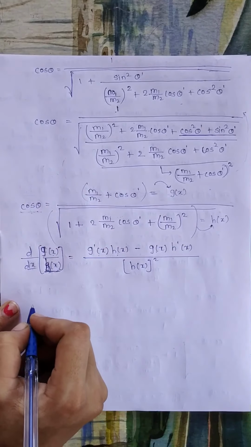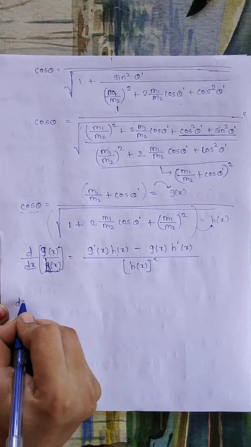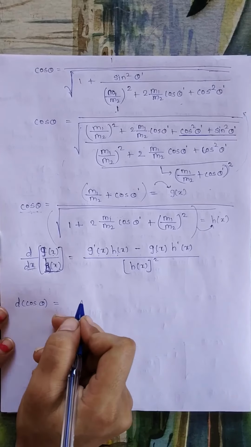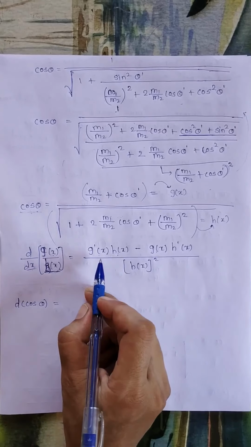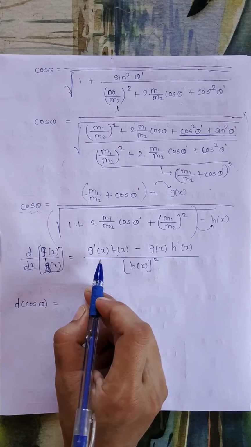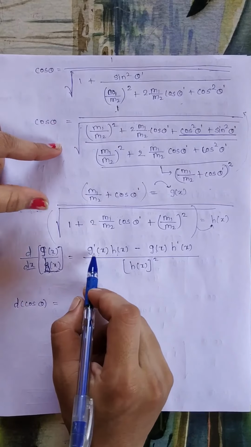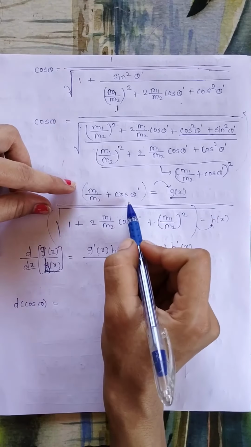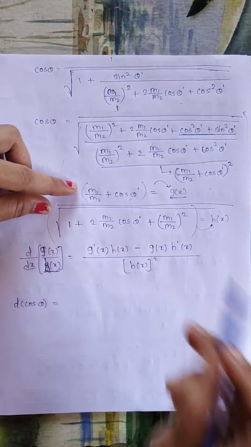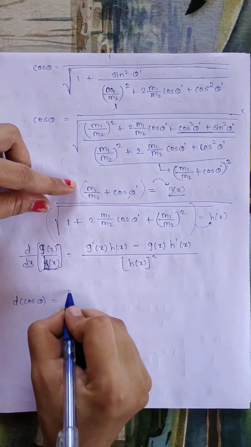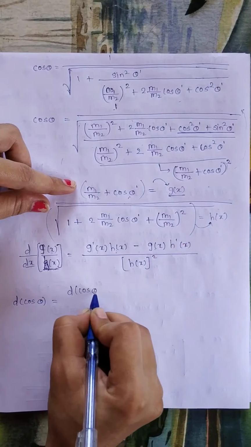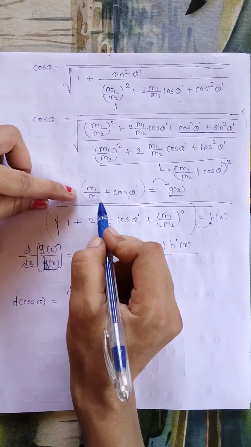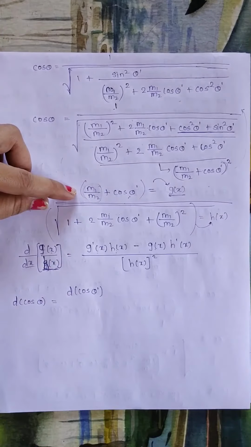So we will get the derivative of cos theta equals, now first we have to take g dash, that is the derivative of g of x. Now this is our g of x. Its derivative with respect to theta dash will be just the derivative of cos theta dash. There is plus m1 upon m2, since it is not a function of theta dash, its derivative will be 0.